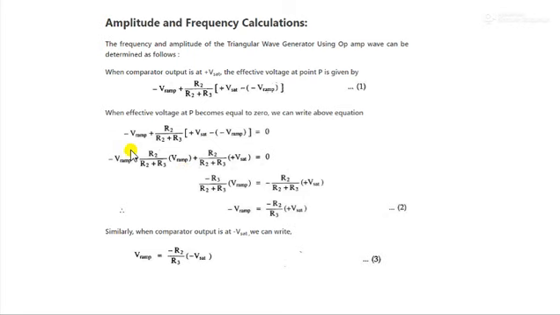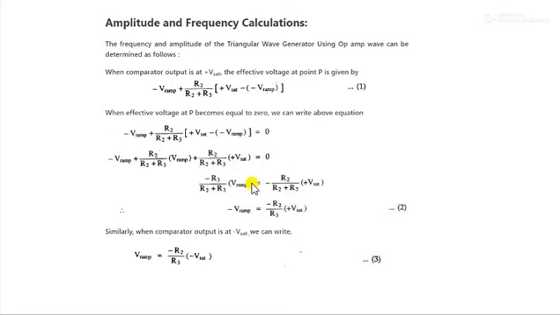V ramp is common, so we take the LCM R2 plus R3. So minus R2 minus R3; here it is minus R2, and here plus R2, it is cancelled, so minus R3 divided by R2 plus R3 into V ramp, and this term goes to the right hand side, so R2 divided by R2 plus R3 into plus V saturation.